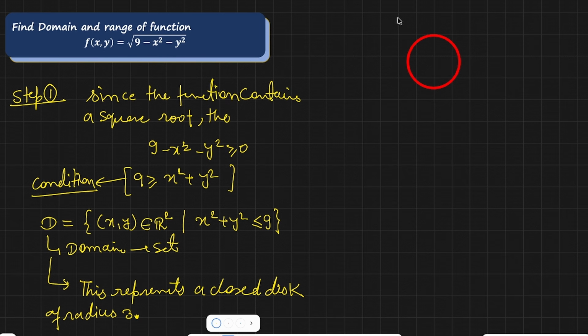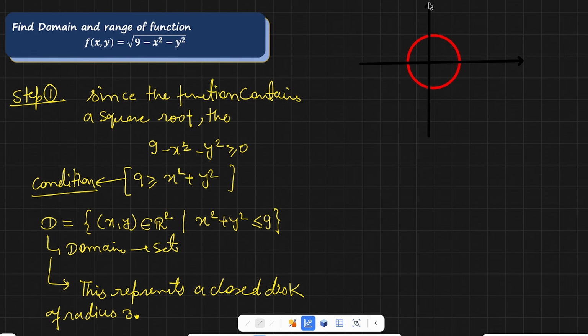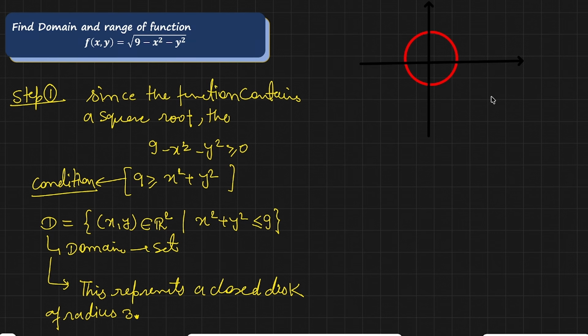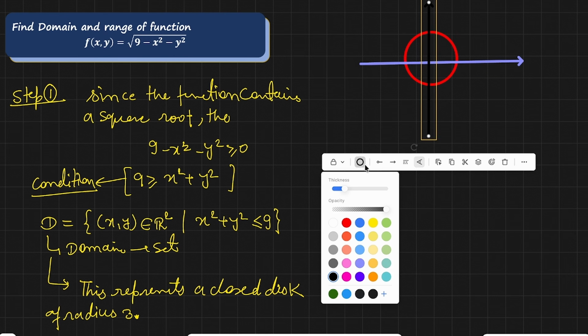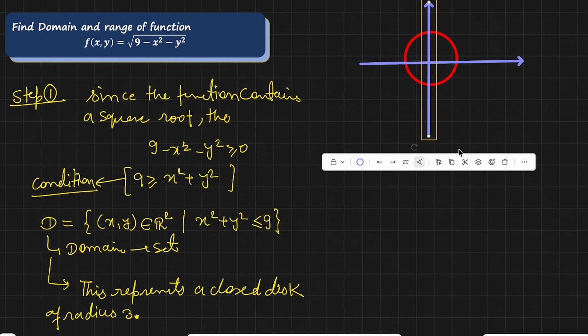This is the x-axis and this is the y-axis. I'm just giving you the physical meaning, or you can say the geometric meaning, of this, which I'm going to explain to you.